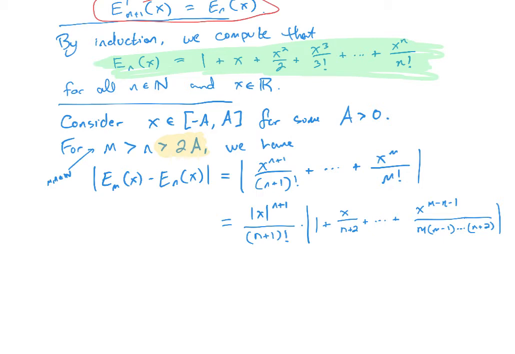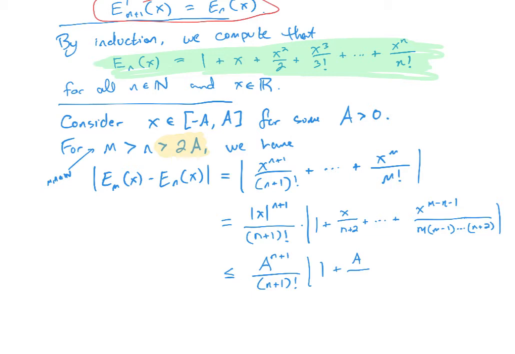Now, let's bound this stuff. We want to make it small, so we want an upper bound. Absolute value of x is at most a. I'll put in a's for x, and now I want to make these fractions larger, so that would mean making their denominators smaller.